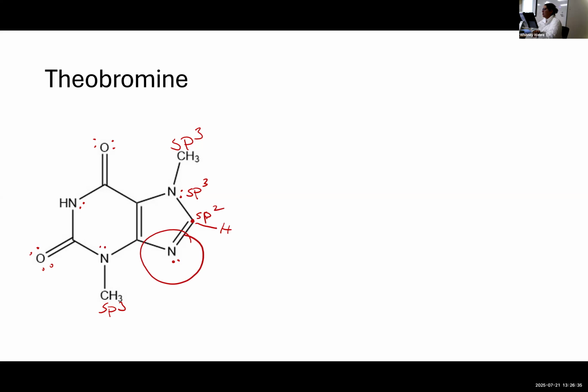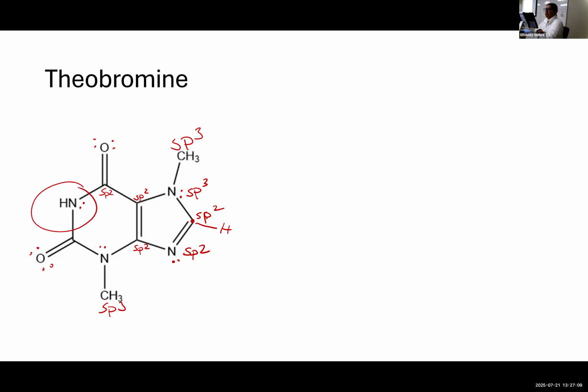What about this nitrogen? How many things are attached? Trigonal planar. What is the shape? Bent. What is the hybridization? This carbon. How many things attached? 3, so sp2. sp2. This carbon. 3 things, so sp2.